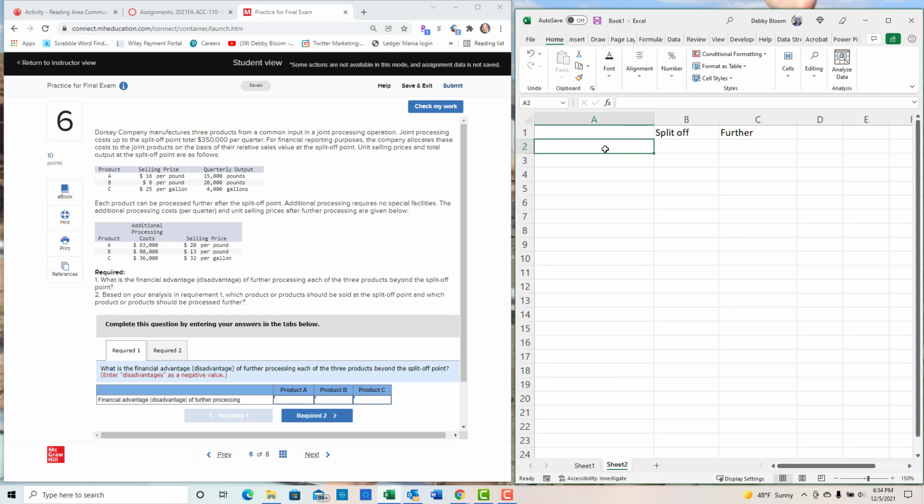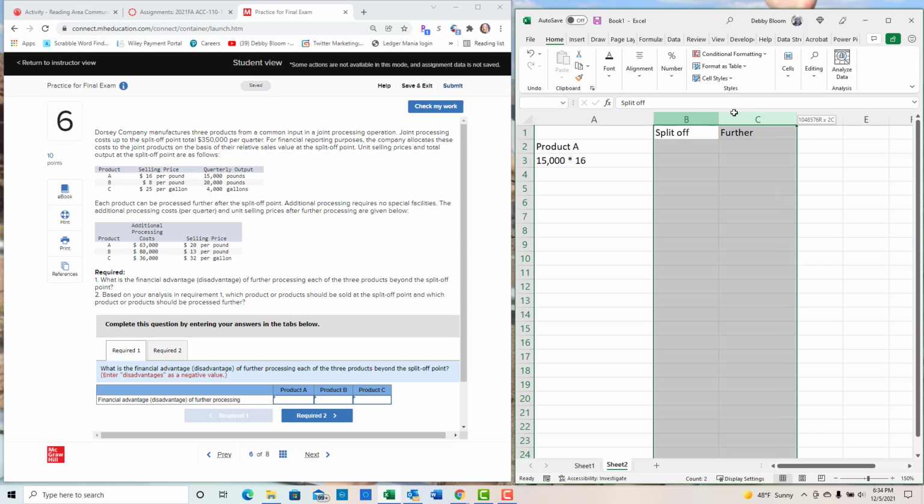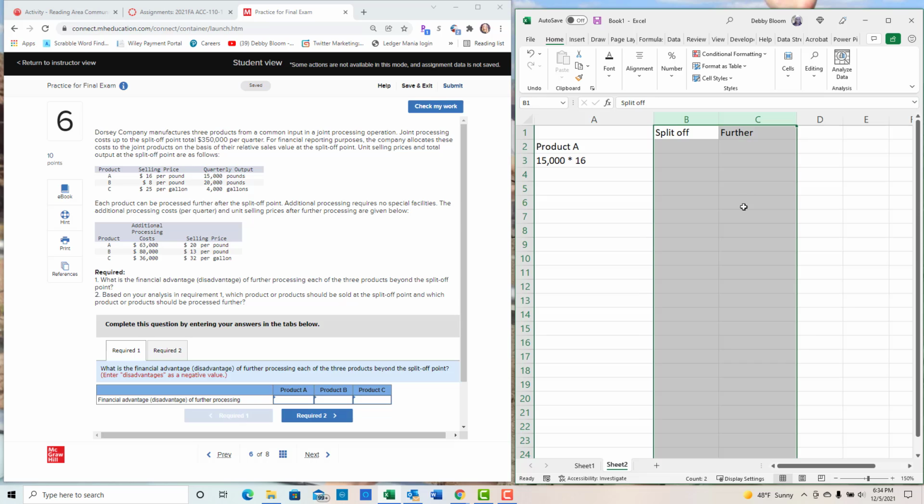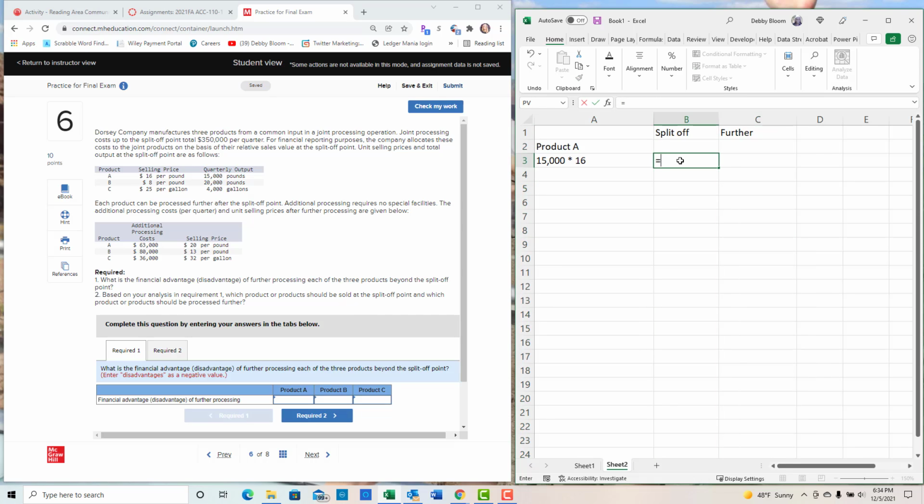So the first one that we're going to look at is product A. So if I sell product A at the split-off point, I have 15,000 pounds from the first chart at a selling price of $16 per pound. Let's put in our commas over here so you can see the numbers a little bit better. So selling it at the split-off point would get me 15,000 multiplied by 16.